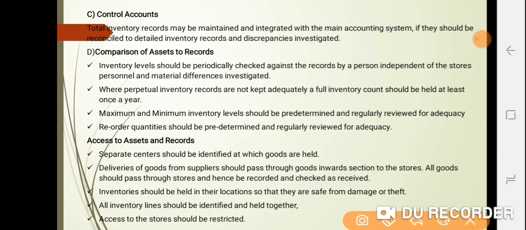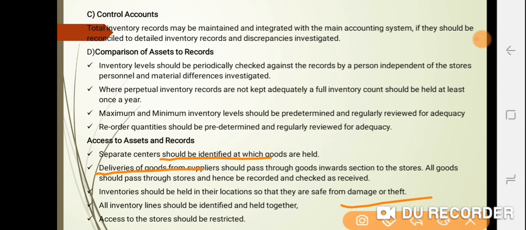separate centers should be identified at which goods are held. Then deliveries of goods from suppliers should be passed through the goods inward section to the stores. All goods should pass through stores and hence be recorded and checked as received. Then inventory should be held in locations so that it is safe from damage or theft.